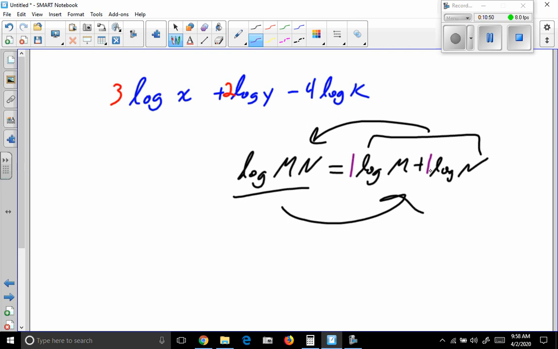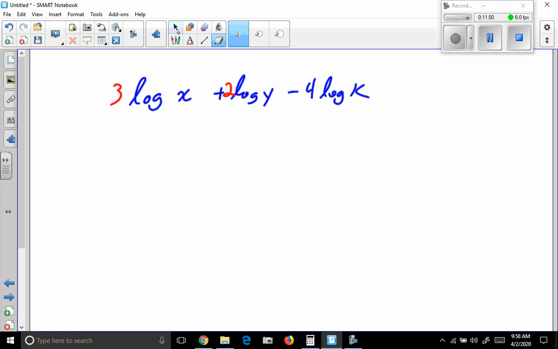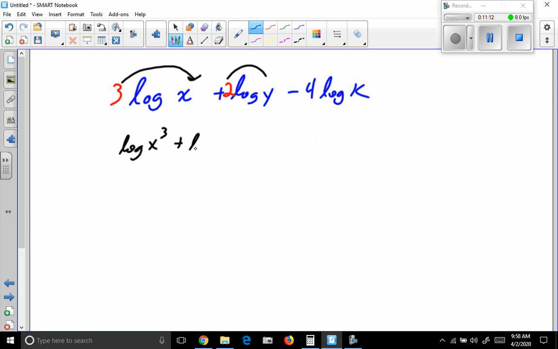If there are other numbers in front, then we can't make a direct transition. So what we have to do on a problem like this is we have to get rid of the coefficients. So this coefficient we can move up as an exponent. This coefficient we can move up as an exponent. And so can we with that one.